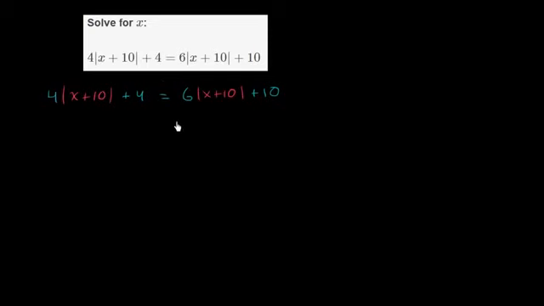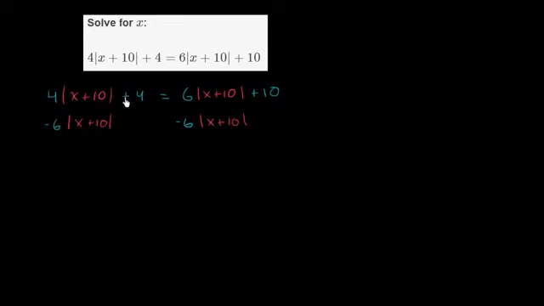I could subtract 6 times the absolute value of x plus 10 from the right, but we've already seen this multiple times: if these two things are equal and I want to keep them equal, whatever I subtract from the right-hand side, I have to subtract from the left-hand side. So we're going to have minus 6 times the absolute value of x plus 10.